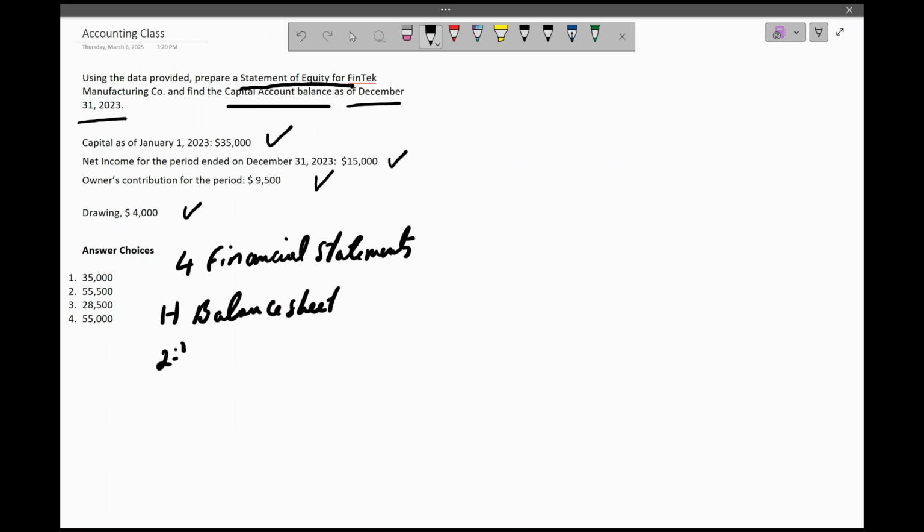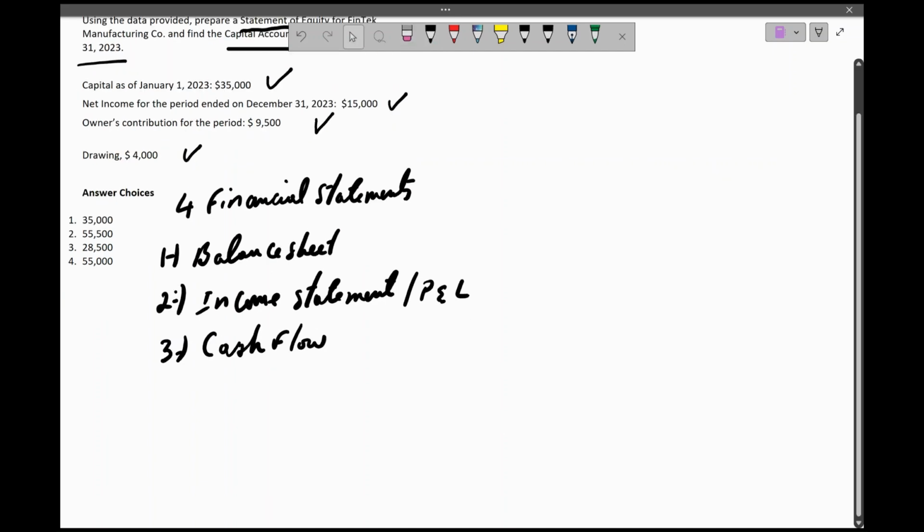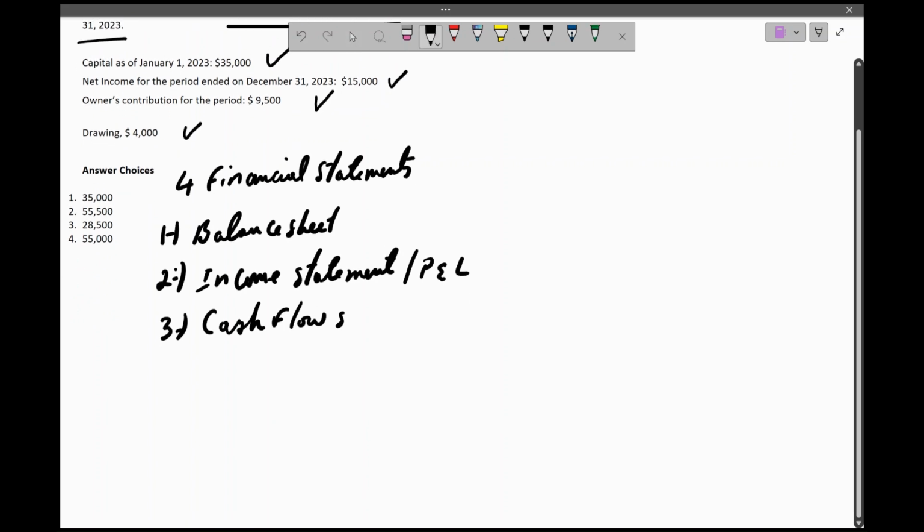The second one is the income statement or P&L. Number three is the cash flow statement, which is very important. And number four, that's the one we're being asked.